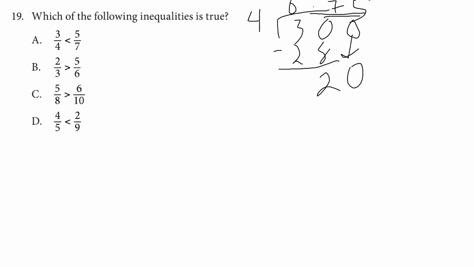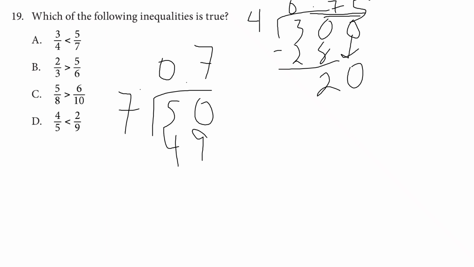All right, so next we're going to turn 5/7 into a decimal. To do that, the denominator goes on the outside, numerator goes on the inside. So 7 can't go into 5. We put a 0 over the 5. We can add a 0 here, and when we add that first 0, put our decimal place there. 7 goes into 50, 7 times. 7 times 7, 49.